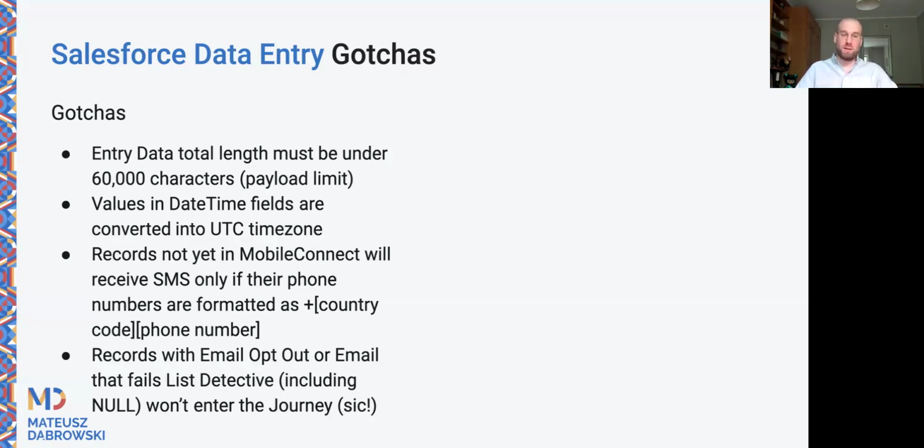Because what is different in Salesforce data entry is that it adds the records to All Subscribers list at the moment they are injected into the journey, versus doing it at the moment the email activity is triggered, which is the case for all other types of journeys or all other entry types. So it's really important to think about what those two fields will be for your contacts and leads when you want to inject them into the journey, especially if you want, for example, a more SMS-driven journey or some other type of journey that doesn't necessarily require the email channel.